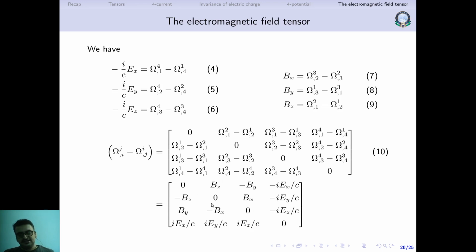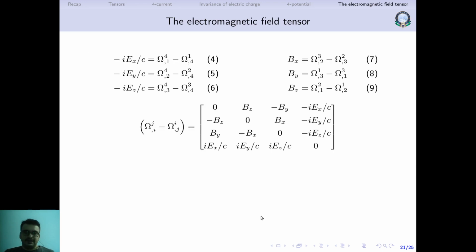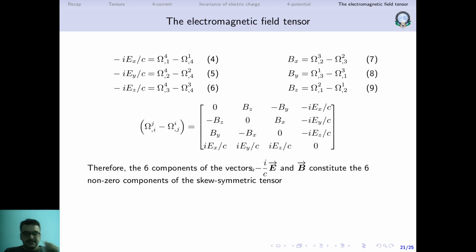Okay, this is a 16 element 4 cross 4 skew symmetric matrix. That means it has got only 6 components, and these 6 components are the components of the electric and the magnetic fields. So we can say that the 6 components of the vectors, that is electric field vector and magnetic field vector, these constitute the 6 non-zero components of this skew symmetric tensor.